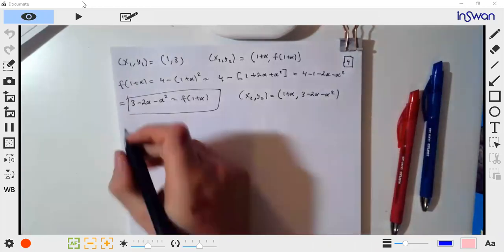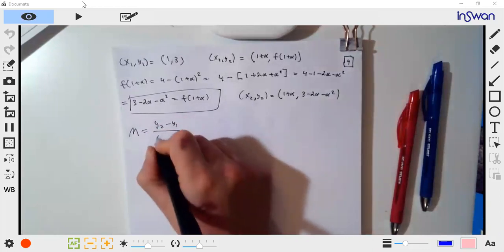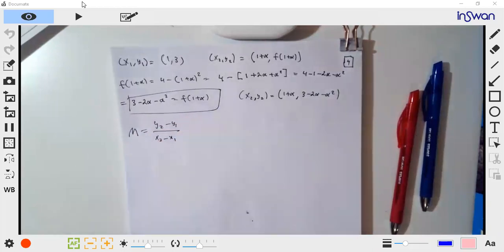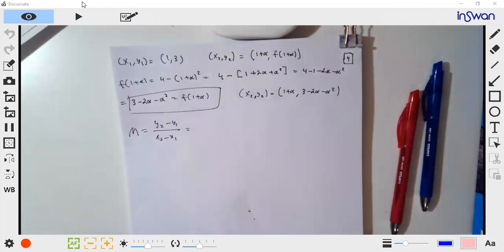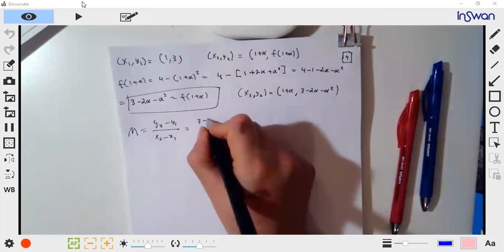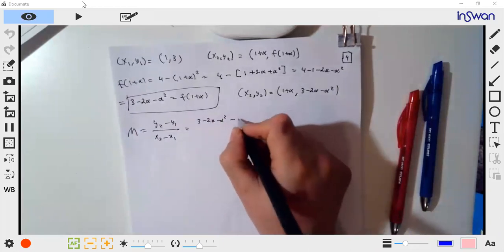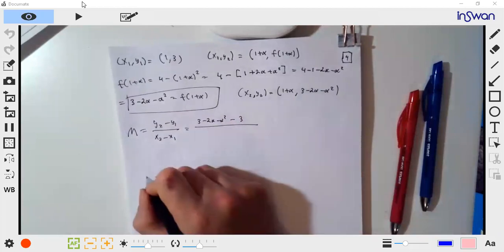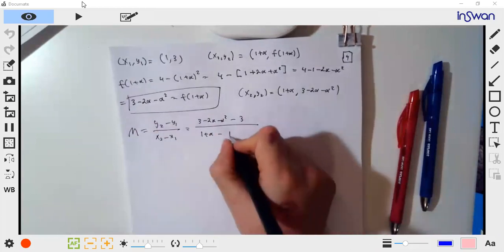All right, so our slope m, which is equal to y2 minus y1 over x2 minus x1, we can now actually calculate. Y2 is 3 minus 2 alpha minus alpha squared, minus our y1, which was 3, all over x2, which is 1 plus alpha, minus our x1, which was 1.